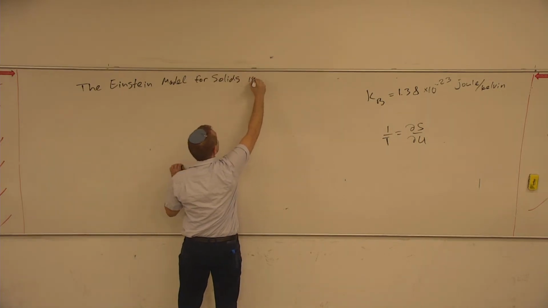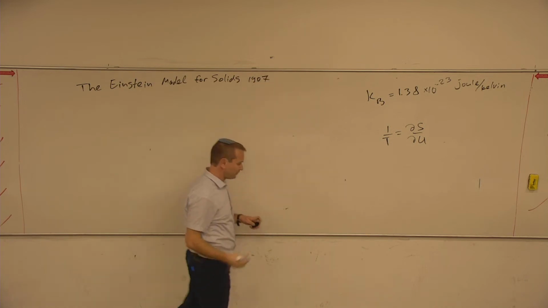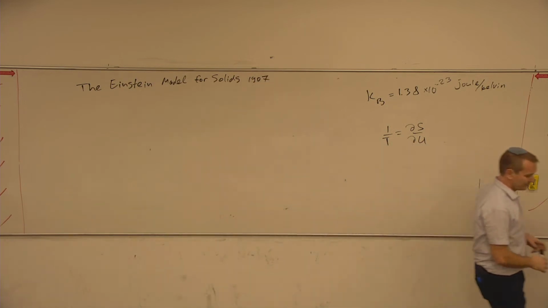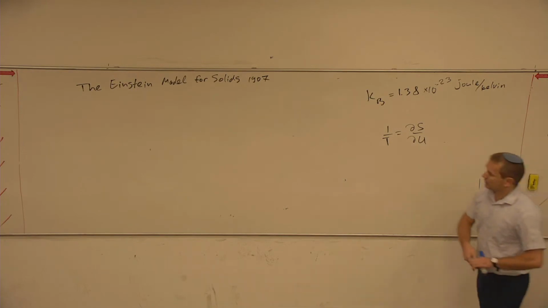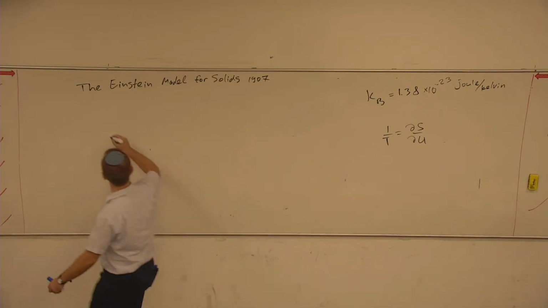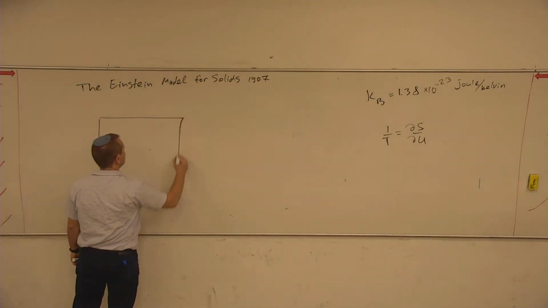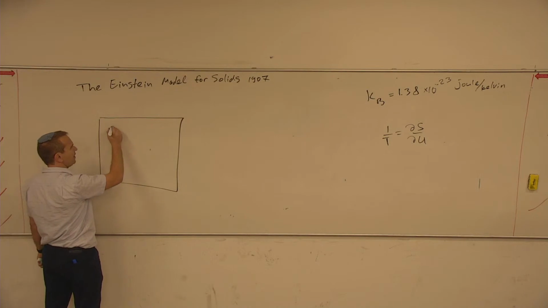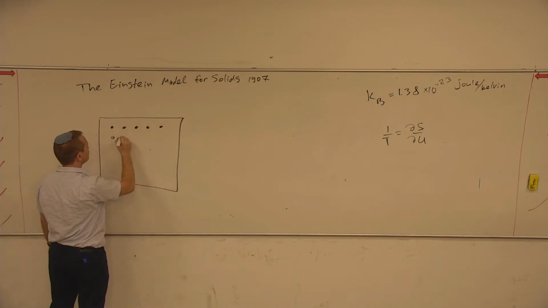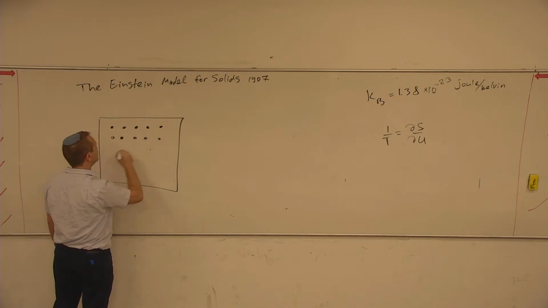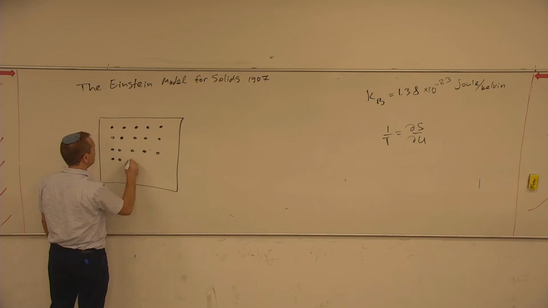So it goes back to 1907. The assumption of Einstein goes like this. We have a solid, and inside a solid there are atoms, or some particles. And the particles are extremely complex, and they somehow affect each other.